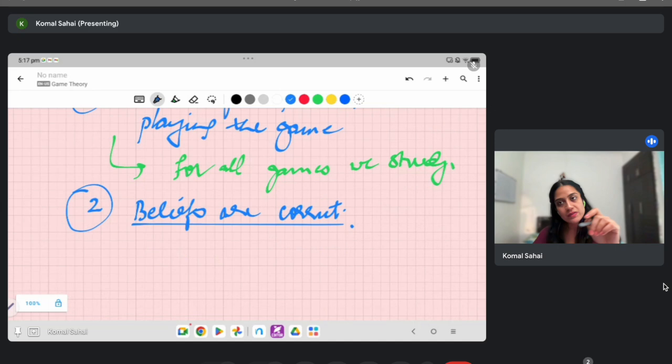The sellers have the same set of beliefs about the buyers. And both beliefs are correct because the players on both sides are seasoned.